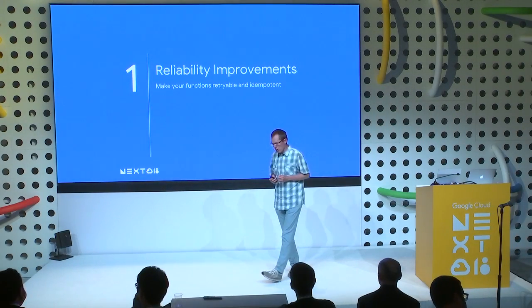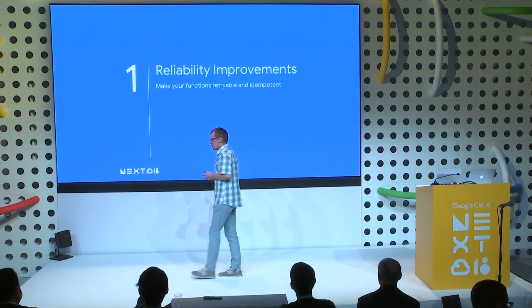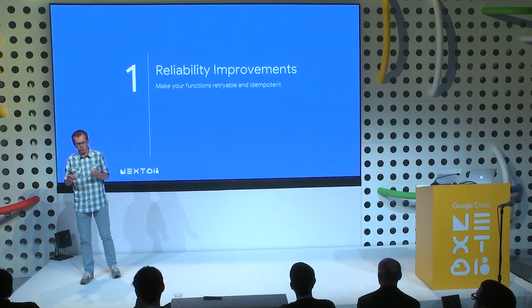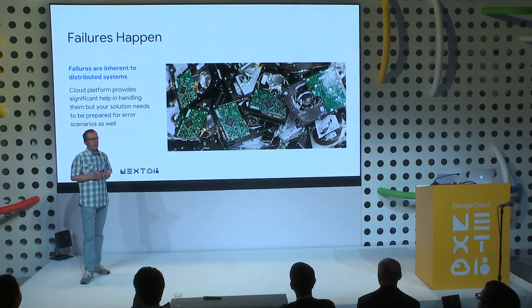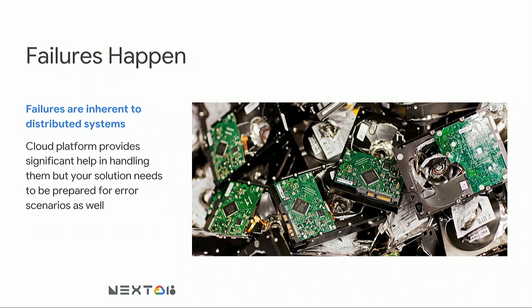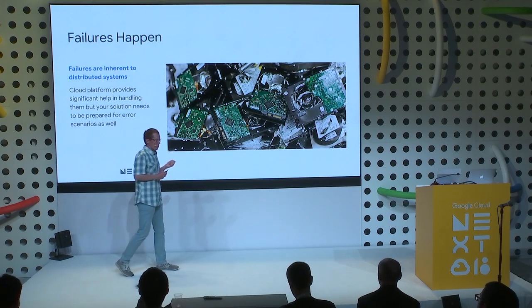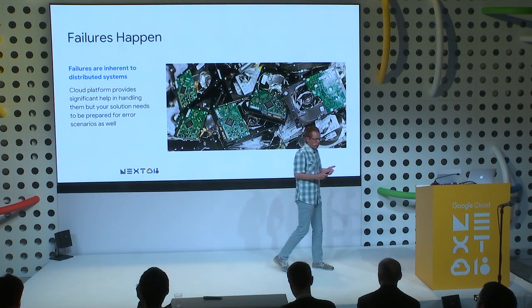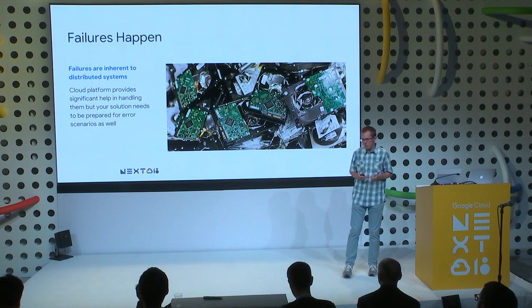Let's start with talking over reliability improvements through making your Cloud Function retryable and idempotent. We first need to realize that in distributed systems, failures happen. In fact, they are an inherent part of such systems, as it's practically impossible to build a solid production system or any complex system in which errors do not occur at all.